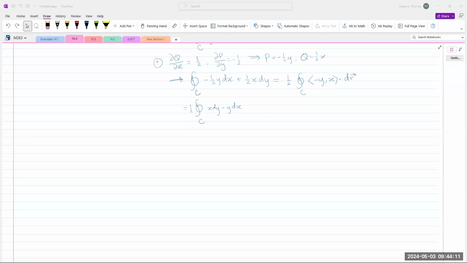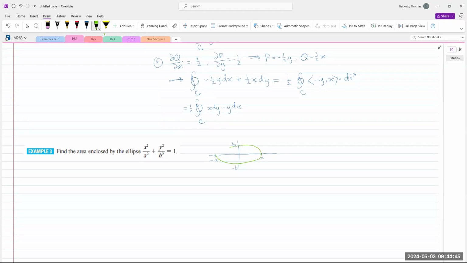Give me a second. So in example 3, find the area enclosed by this ellipse. So you have an ellipse with center at origin, and the horizontal vertices are (a, 0), (−a, 0), and the vertical vertices are (0, b), (0, −b).